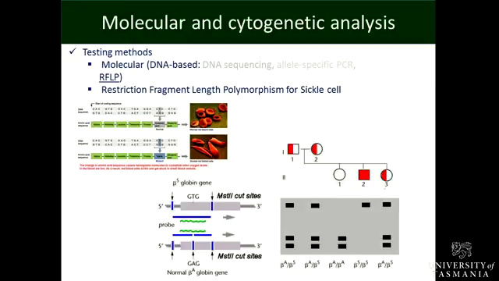And in the normal globin gene here versus the mutant globin gene, you have the normal globin gene here. This MstII cuts at two sites and creates two bands. It cuts at two sites because there's two of those DNA-specific sites in that gene.